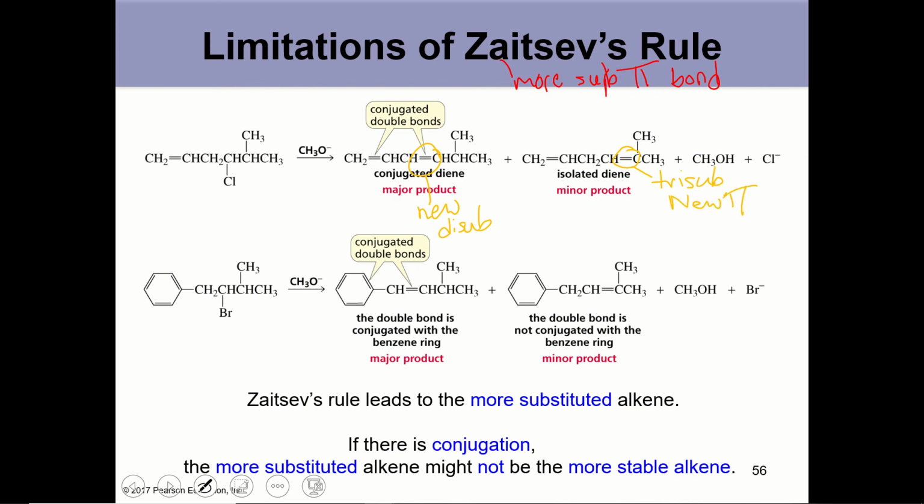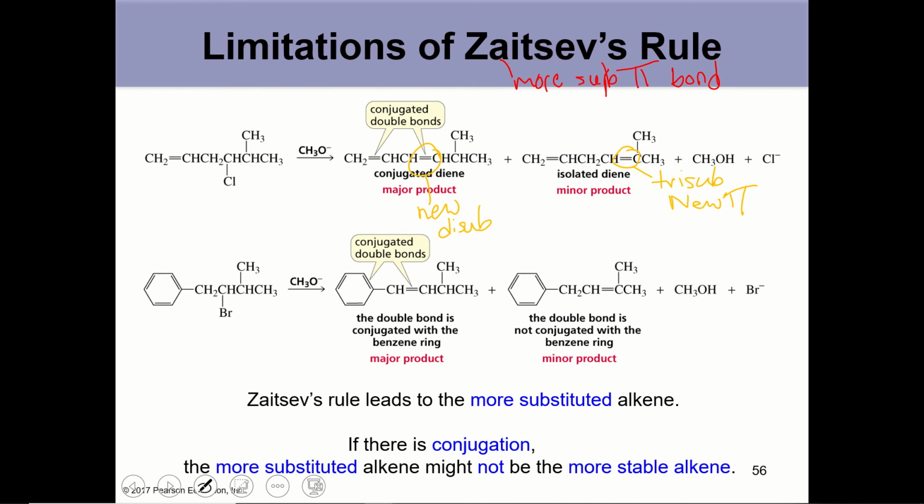So in this case, you can see that Zaitsev's rule didn't apply because the more substituted pi bond was not the more stable final product. So if you have a product that will be conjugated, then the more stable product is the product which has conjugated pi bonds, not necessarily the one that has a more substituted pi bond.